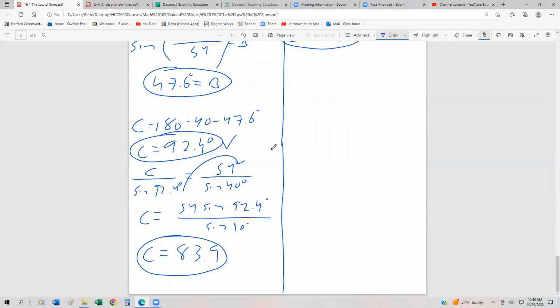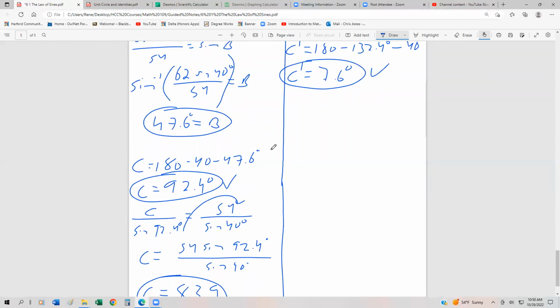Now to find side C prime, C prime divided by sine of 7.6 is going to be equal to the exact same ratio, 54 over sine of 40.